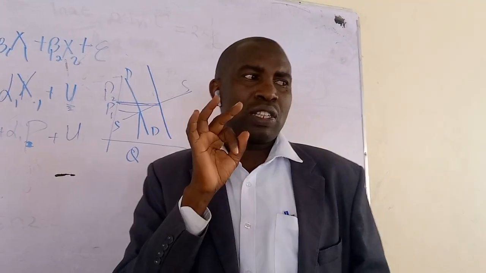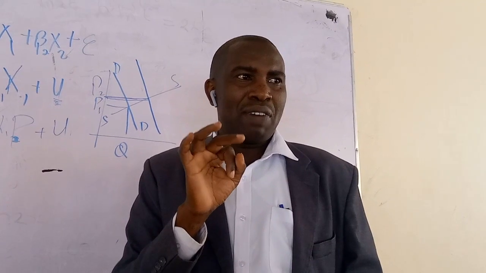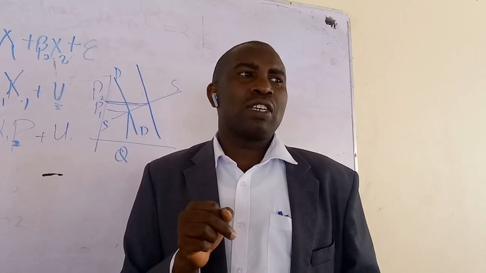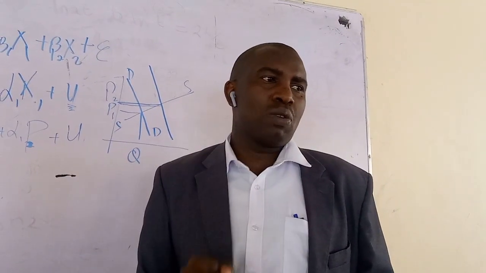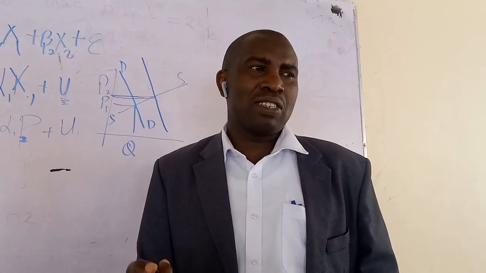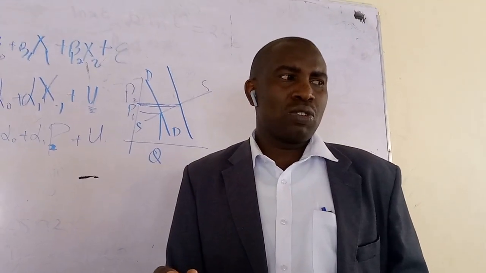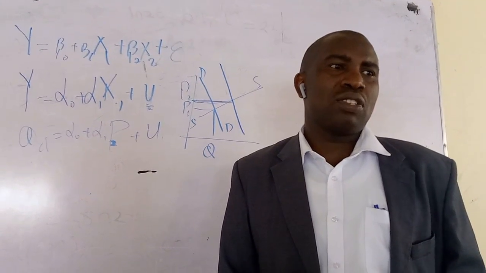So those are the three consequences of omitting a variable. We also call it underfitting the model. One, you get biased estimates. Also, the estimates are inconsistent, and inference testing is invalid.